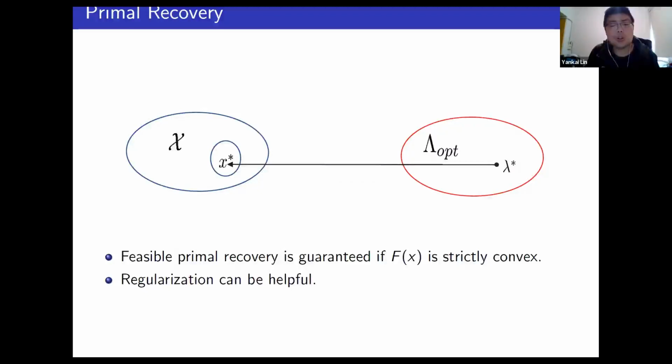The idea is that a primal feasible solution is guaranteed if the cost function f(x) is strictly convex. That's one key observation. And you can regularize the problem so that it's strictly convex, and the errors incurred by doing this regularization can be in an acceptable range. So that's one way to cope with this issue.